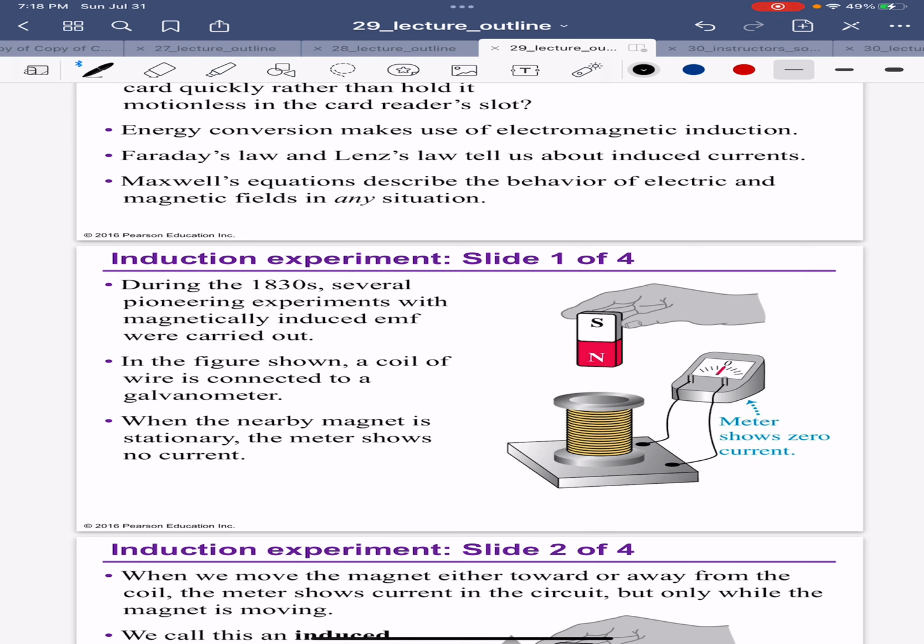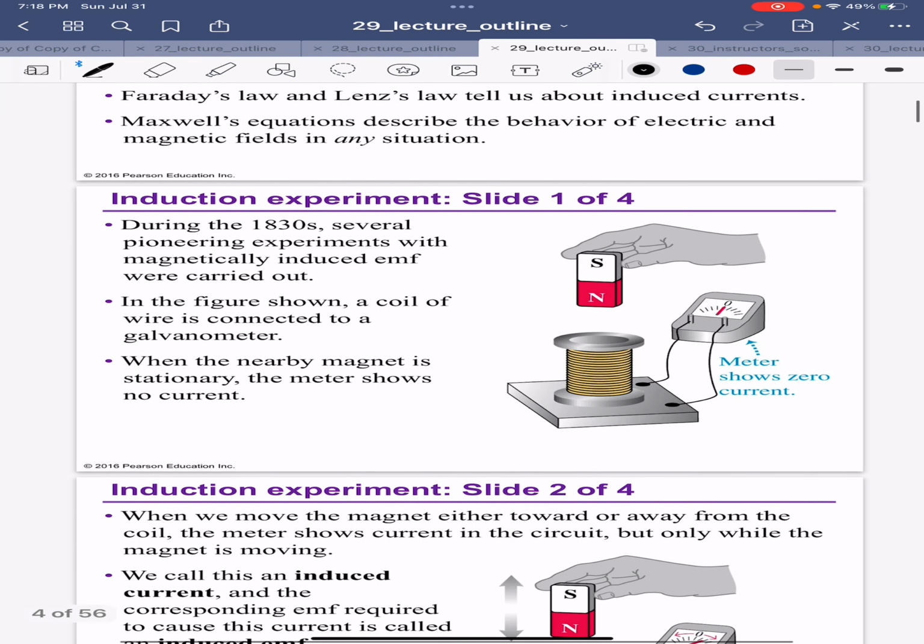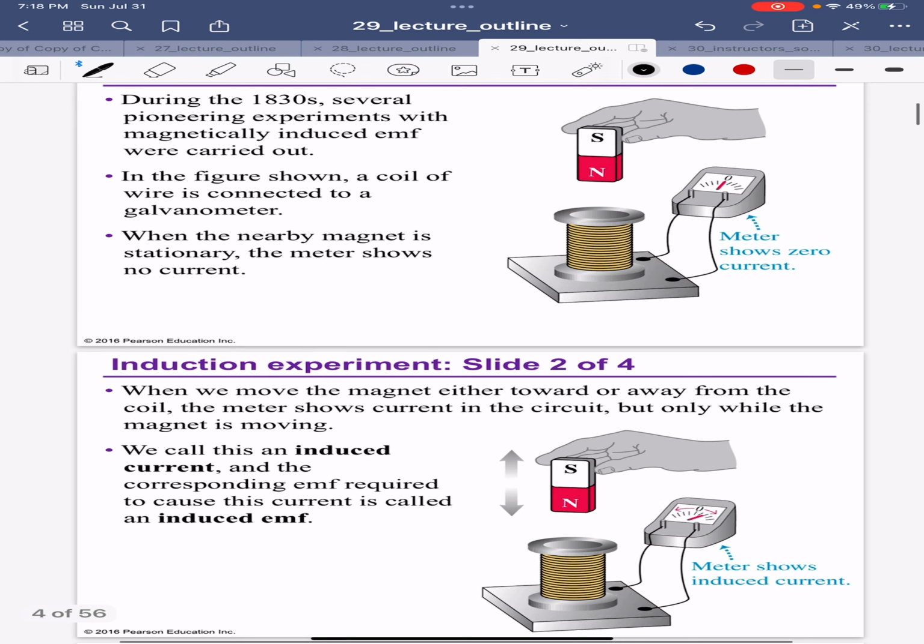It is connected to a galvanometer, and the galvanometer is a meter that is gonna detect small currents. And then when that magnet is brought towards the coil or removed away, the meter is going to move. When the nearby magnet is stationary, the meter shows no current.